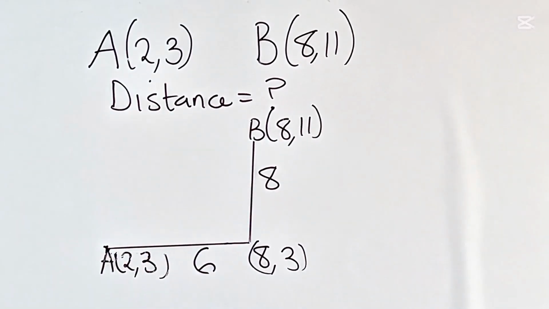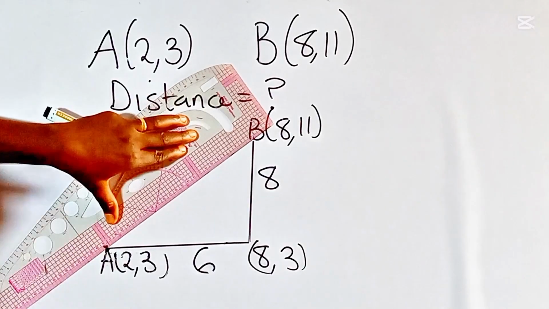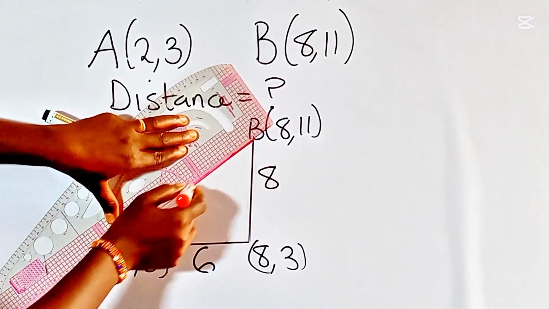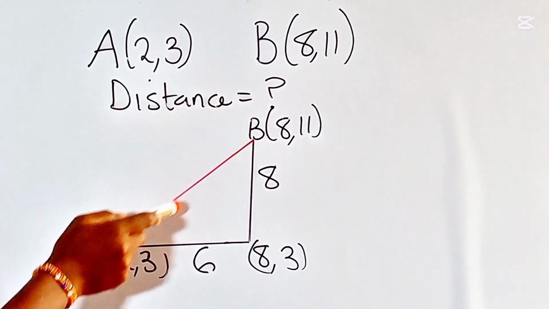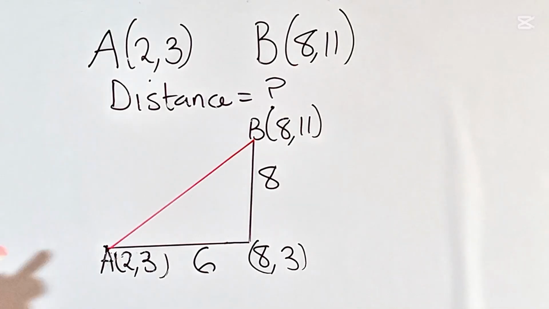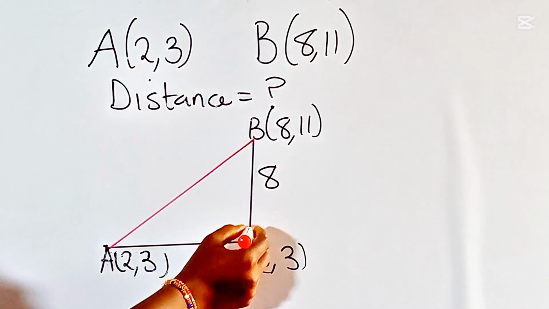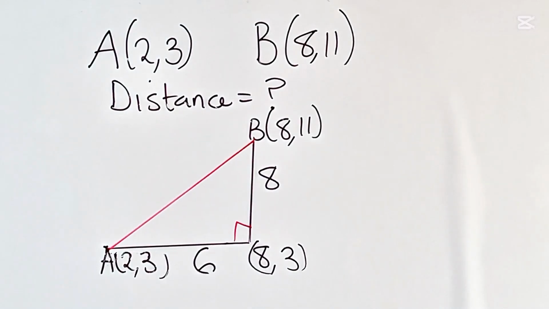Here is the key idea. The straight path between these 2 points is the distance we are looking for. So instead of treating these like numbers, we are going to treat it like a triangle. So we have a right triangle with 2 sides known.